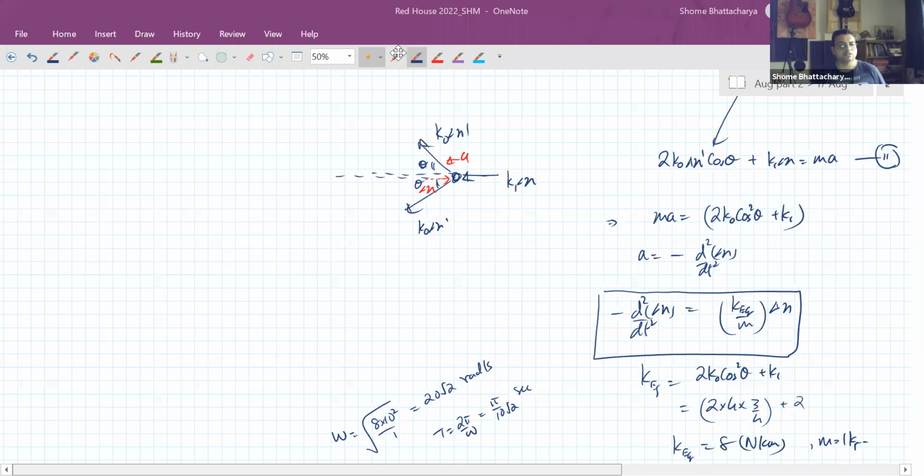If anybody has a doubt with the constraint relation, please let me know. As I discussed, I'll give another method of understanding it also, but this is the fundamental method.